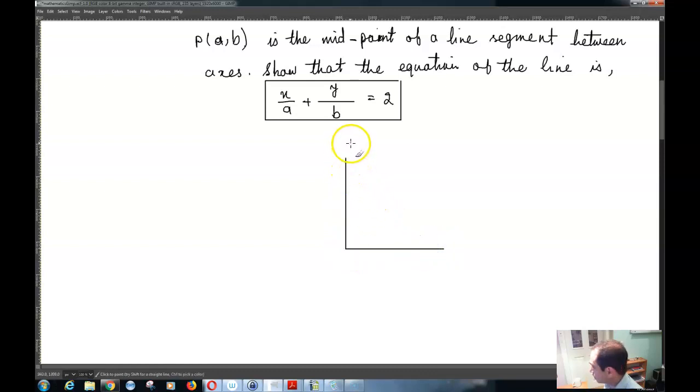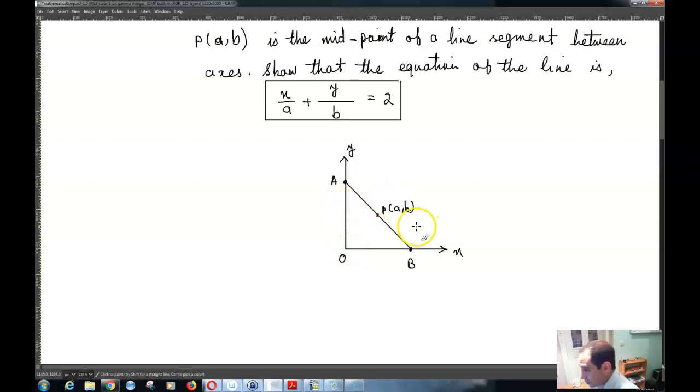At least based on the solution that I can see here, what is meant by between axes is that the line segment is some line segment, for example, something like this, and P(a, b) is the midpoint of this line segment. This is the y-axis, this is the x-axis, and this is O, for example.